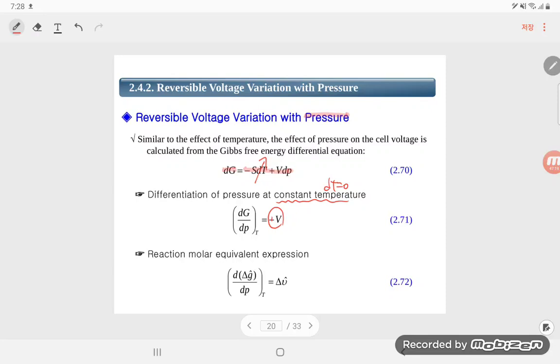The sign of this here is plus. If we convert this equation to the molar expression, then we have plus delta V, the volume change.